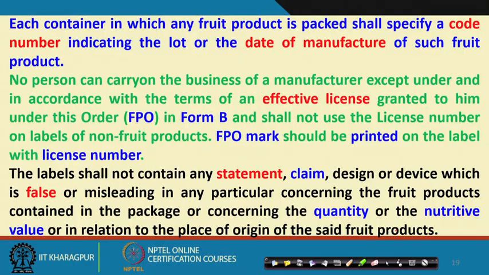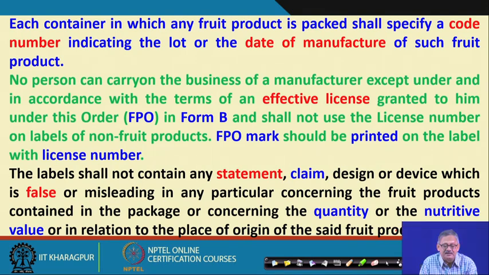I just showed you one product available in our canteen. I brought it from there, and yes, there it is, the date of manufacture, and the permitting or certifying agency's name is also there. So, these things are part of the whole.